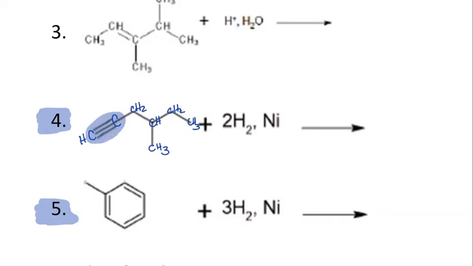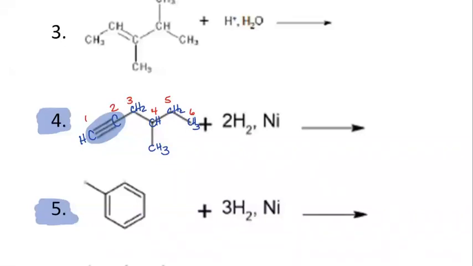So when I'm trying to predict the product of this reaction, notice that overall in that skeletal structure, I have 1, 2, 3, 4, 5, 6 carbon atoms, and we have a substituent on 4.